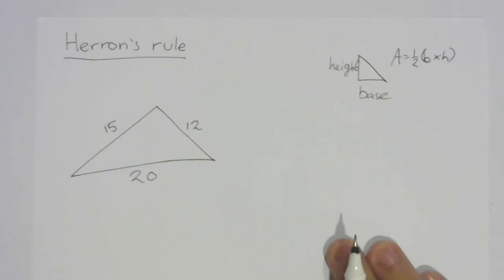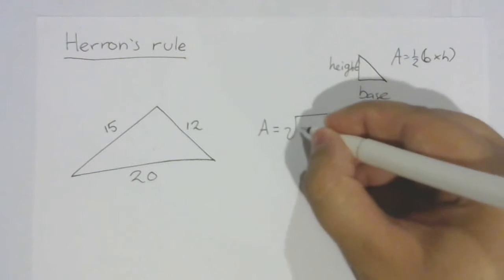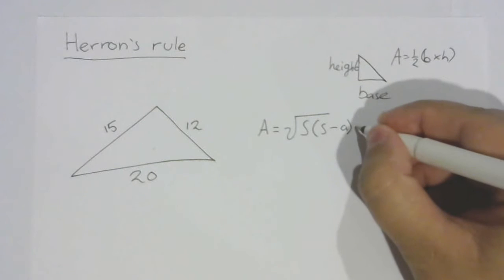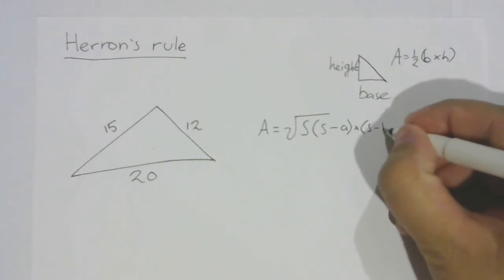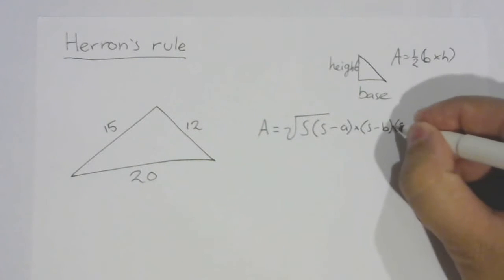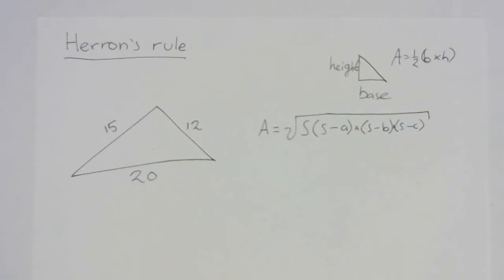Alright, here we go. Heron's Rule is area equals the square root of S take A in brackets, times S take B in brackets, times S take C in brackets. The square root of all of that.